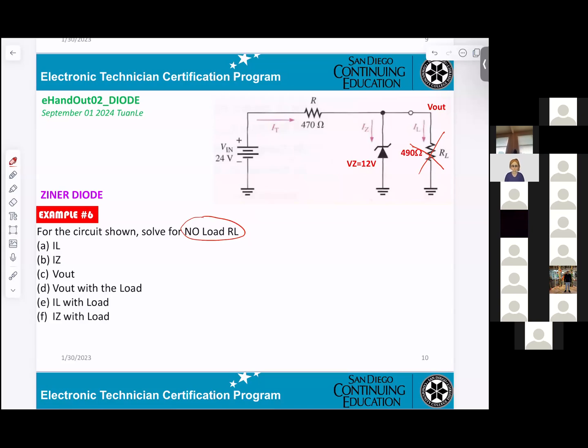That's what you have to get first. Zener breakdown equal 12 volts.